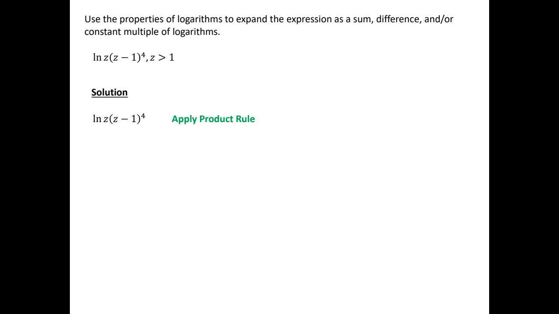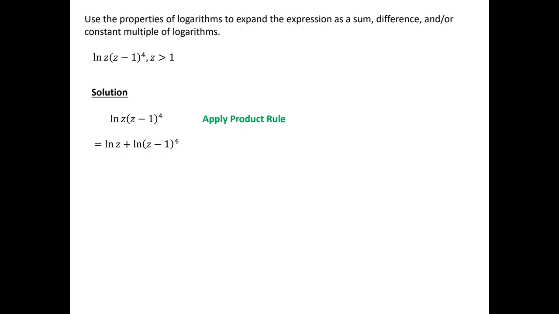The first thing that I see is that I have an exponent being applied to this log. So I'm going to apply my product rule. Sorry, I'm getting ahead of myself. The first thing that I'm going to do is my product rule, which is that I have two things.